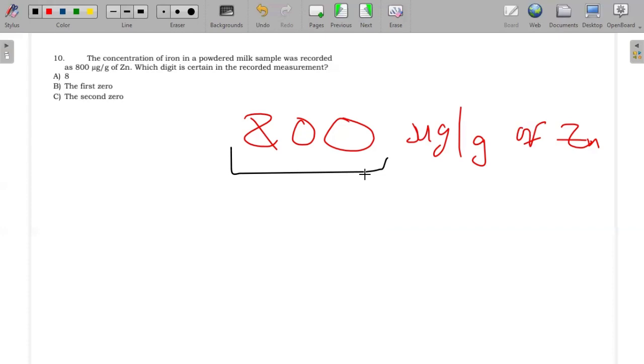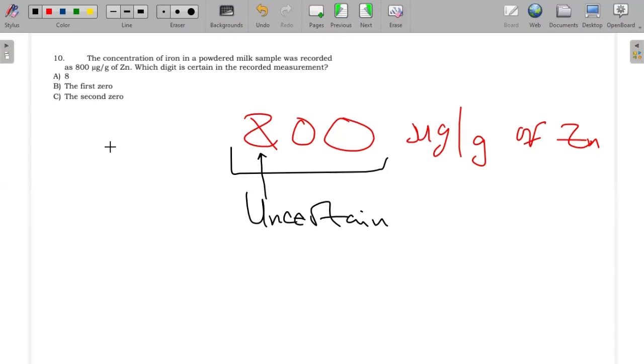We only have the uncertain digit. So the uncertain digit here is this 8, because it's the last significant figure. There's only one significant figure, so it will also be the last one. So this 8 here is uncertain, and there is no certain digit there.